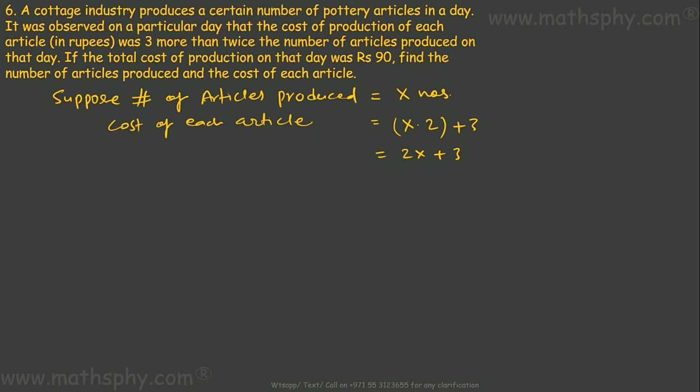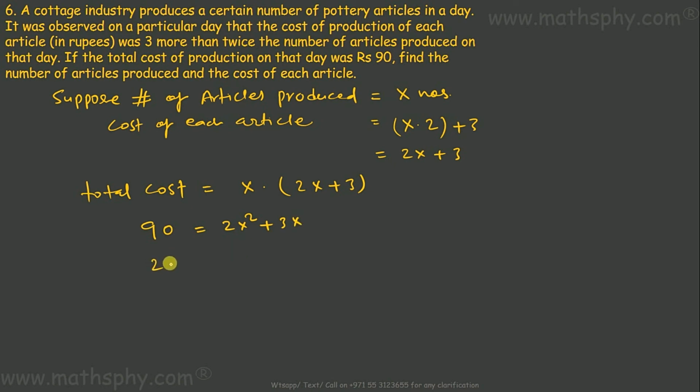So the total cost would be number of articles into cost of each article, x into (2x plus 3). It says the total cost of production on that day was 90, which means 90 is equal to 2x squared plus 3x.